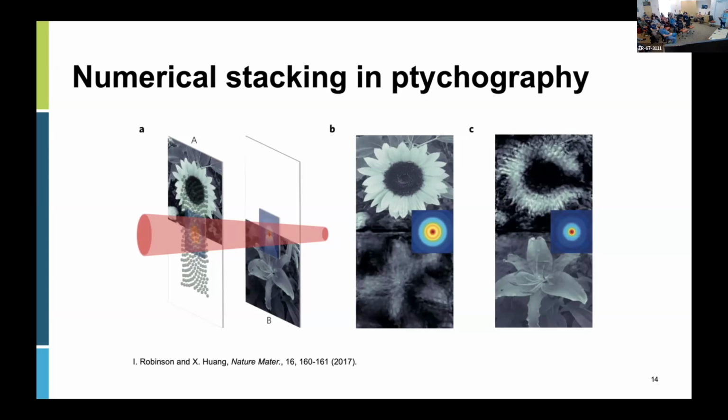For reconstruction, the first try, I used the probe function on the first plane, and we can see the reconstructed image shows the flower on the first plane reconstructed sharply, and the second plane flower is blurry. And then I took the same data set and used the wavefront on the second plane for reconstruction, and we can see that now the flower on the second plane is sharply reconstructed, and the first plane is blurry. So this simulation tells us the wavefront profile determines which plane we are reconstructing.